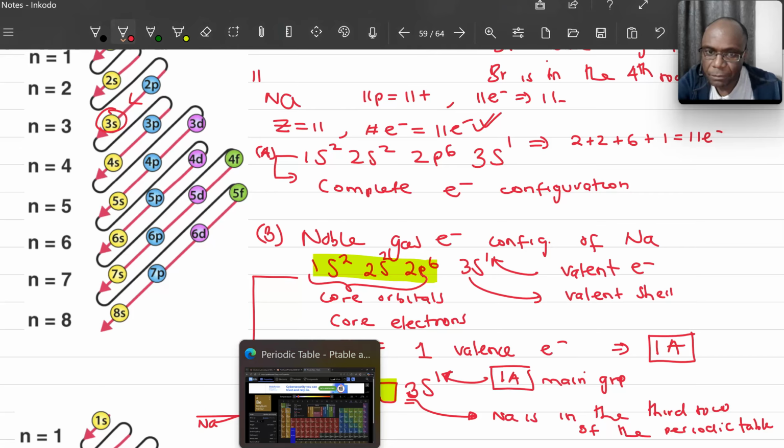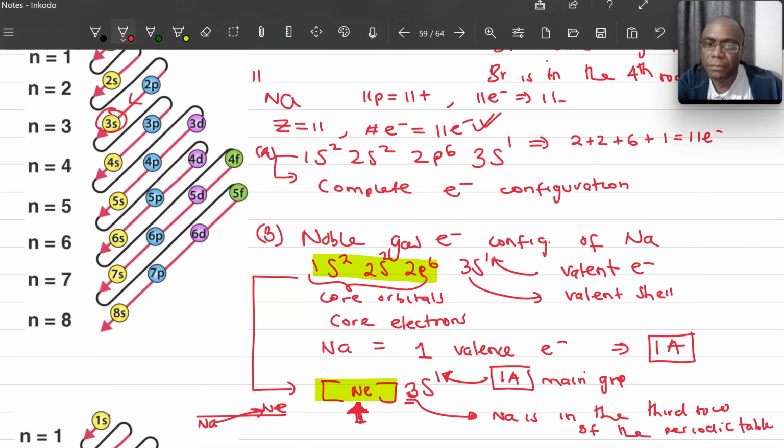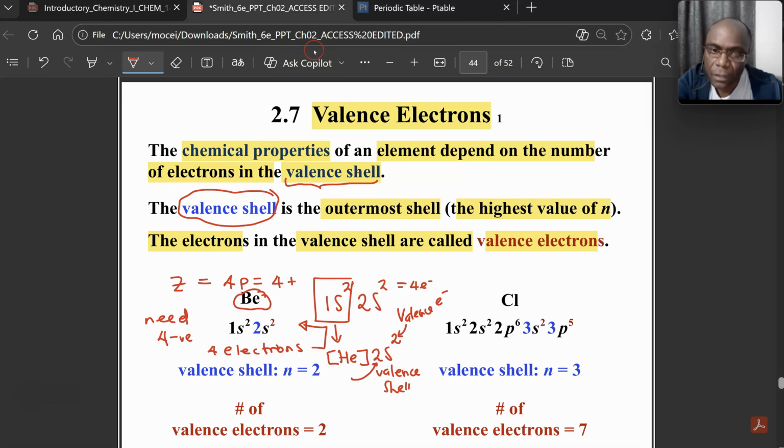So coming back to our slides, you can tell here that the second shell is the outermost, and so beryllium must be found in the second period. You see beryllium is in the second row, the second period, because the outermost shell is the second one, and it's the second column because you have 2 valence electrons.